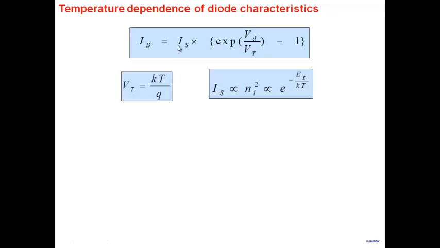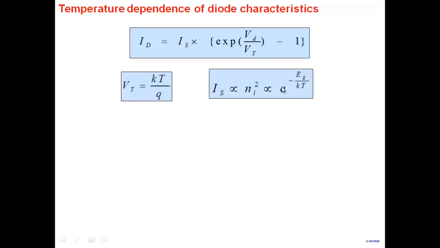Now note that there are 2 tendencies. Let's say I bias my diode at a fixed voltage VD. If temperature increases, VT will increase, which means that this exponential term will decrease. But the IS actually increases.